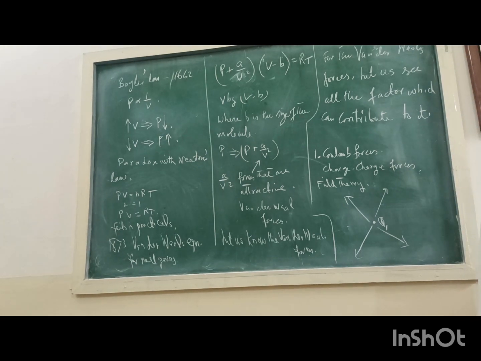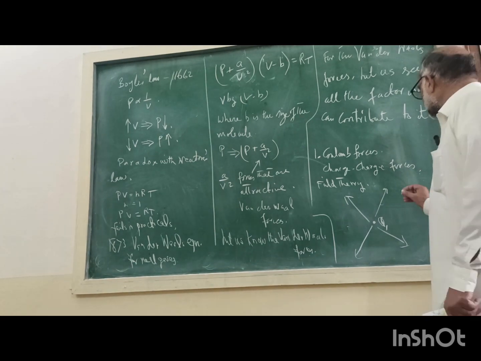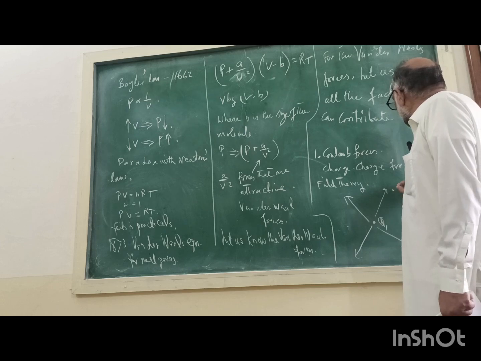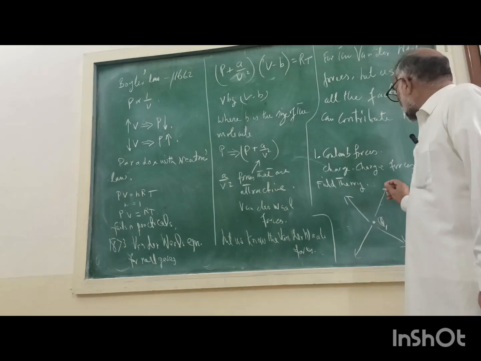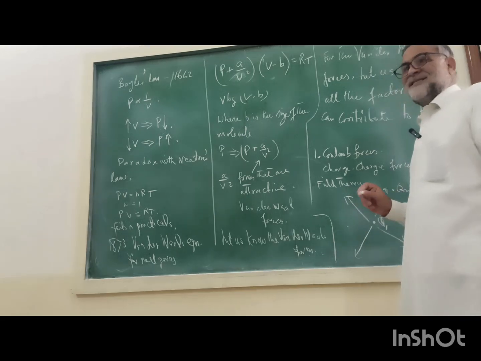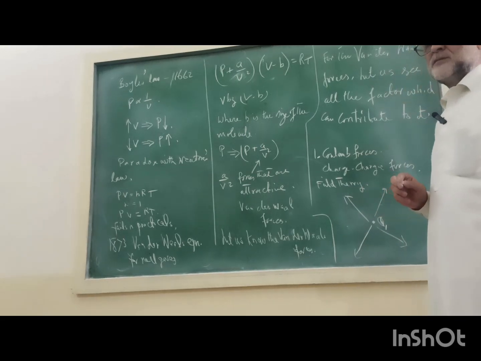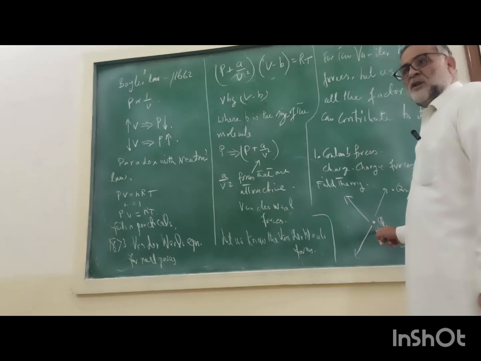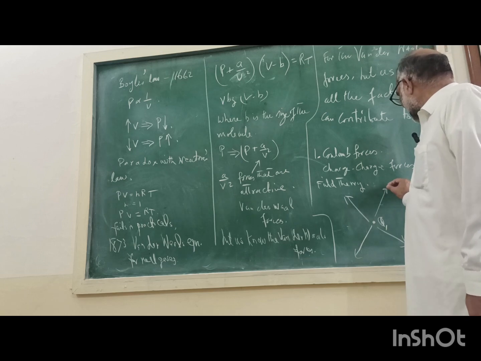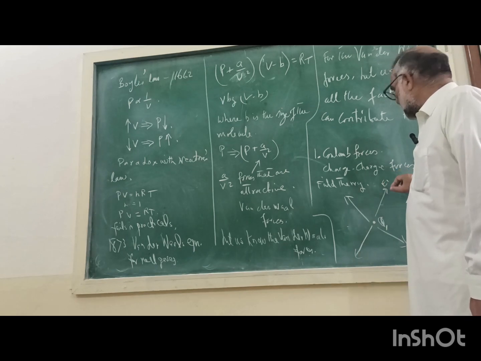This is the field theory. And then we say if there is another charge Q2, then this charge interacts with the field of the first charge. This charge interacts not with the first charge, but with the field here, for example E1.